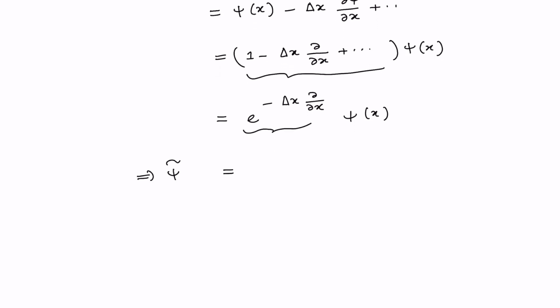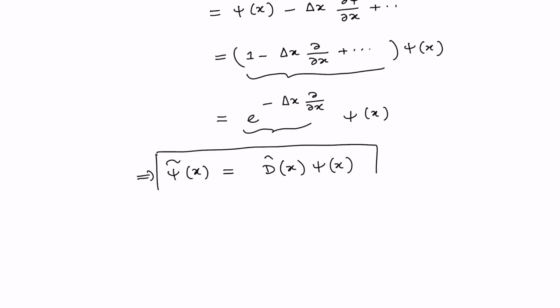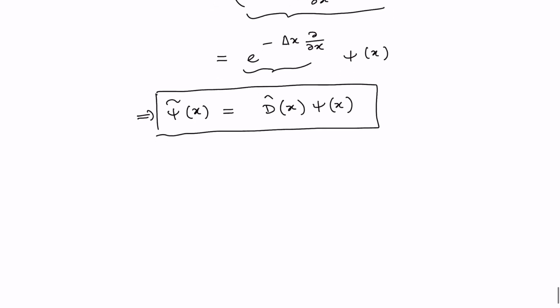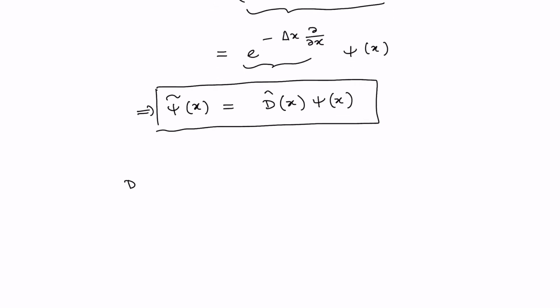So what I have is ψ̃(x) equal to the displacement operator applied to the old wave function, which results in the new wave function. Now here the displacement is done only along the x direction, so let me discuss that first.